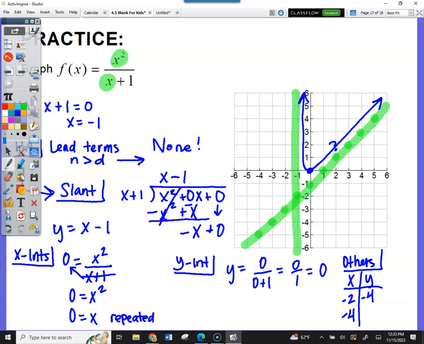You get -16 divided by -3, so 16 over 3. I don't know what that is as a decimal. It's -5.3. All right. Left 4, down 5 1/3. Left 2, down 4. There's the curve.